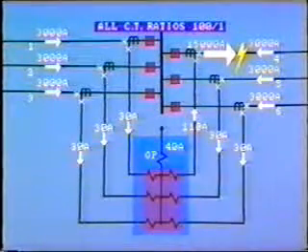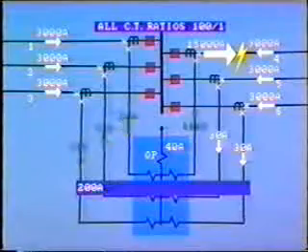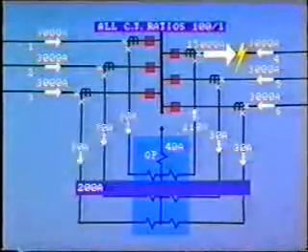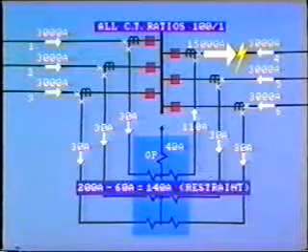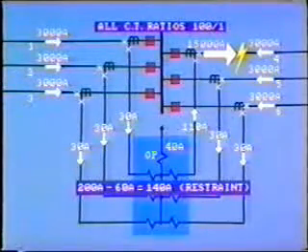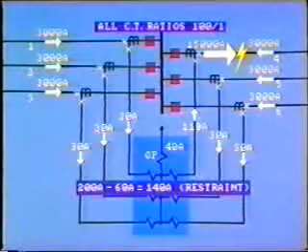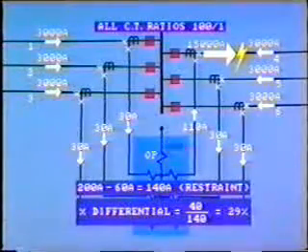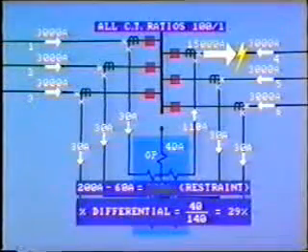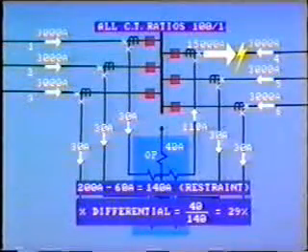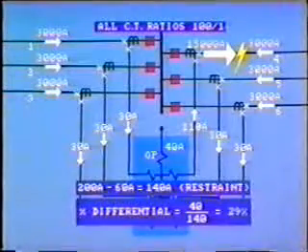Let's look at these. Here, we have a total of 200 amps restraint in one direction, minus 60 in the other, so the total restraint is proportional to 140 amps. In this case, the percentage differential is the operating coil current, 40 amps, divided by the restraint current, 140, equals approximately 29%.